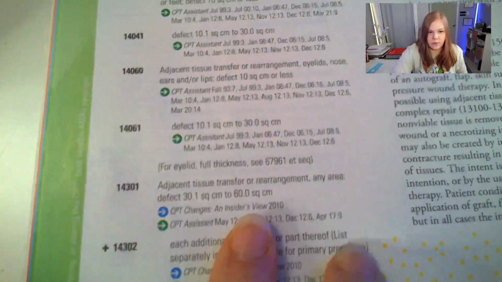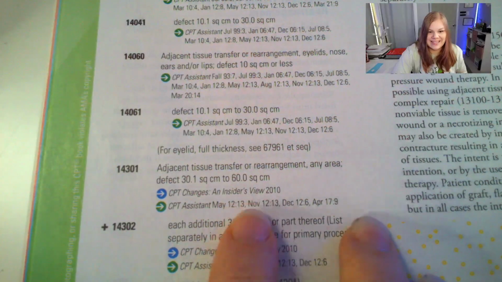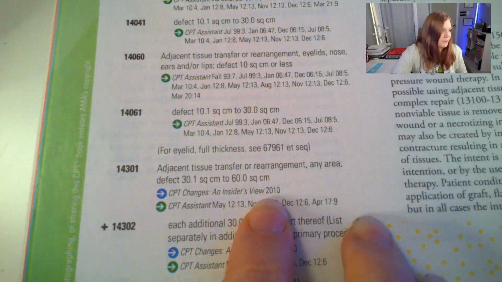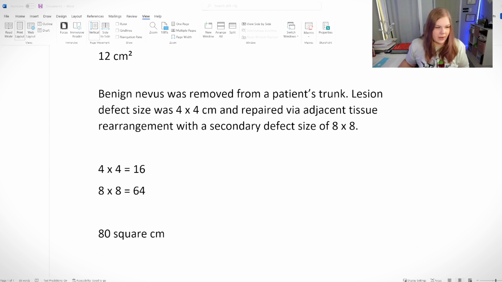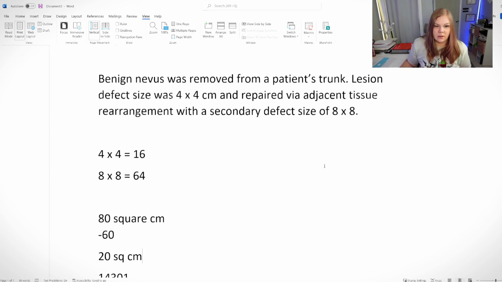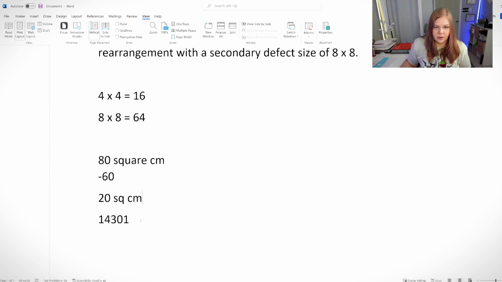So here's our 14301. That's for the first 60 square centimeters, right? I'll actually take you back here and we'll put that down. So 14301, and that's going to be our first 60. So if we take that 80, we subtract 60 off of it, what do we have left? 20 square centimeters, right? So let's go back to our add-on code. Remember what it says about our add-on code.